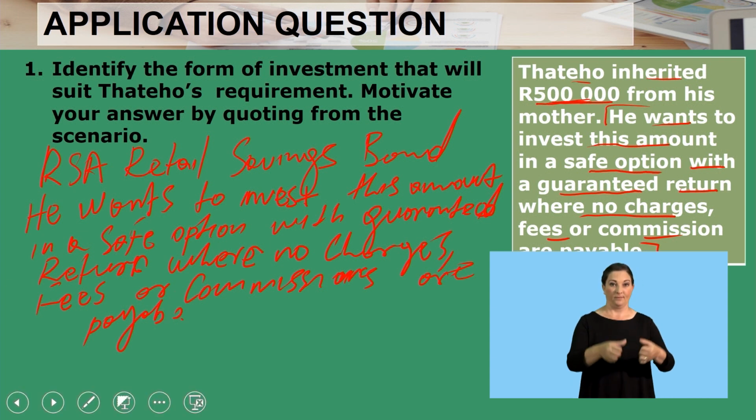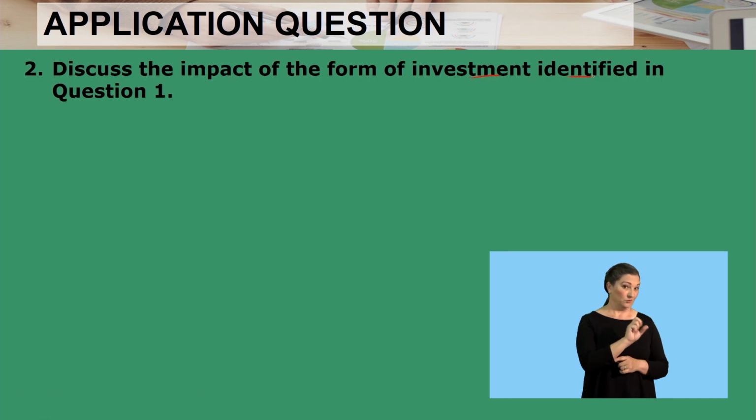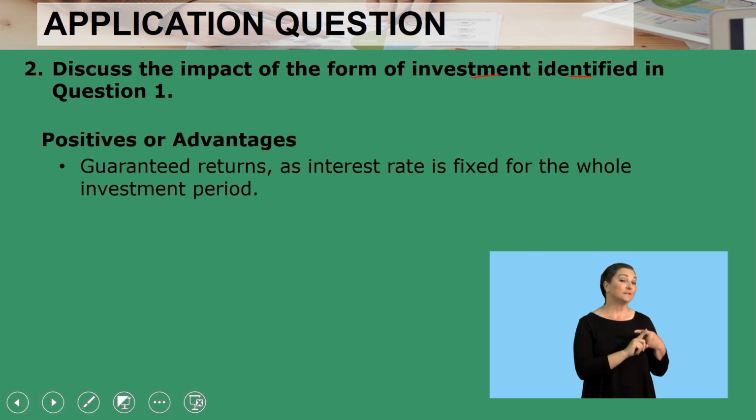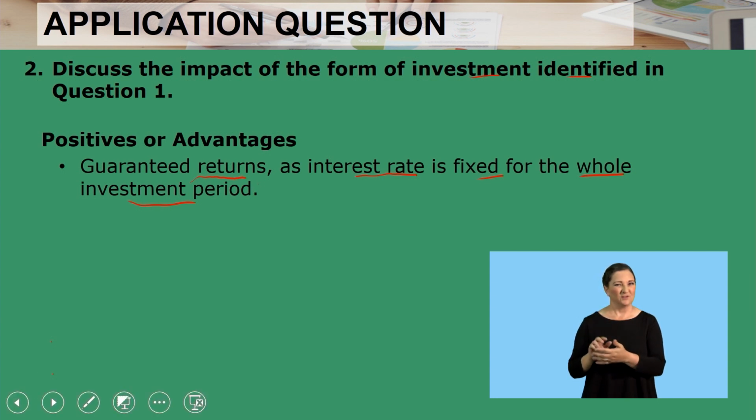Now, let us look into another aspect, which is now to discuss the impact of the form of investment identified. Now, the positives are there's guaranteed returns as interest is fixed for the whole investment period. That's one positive. But remember, it was in the scenario, so you should not repeat what was in the scenario.